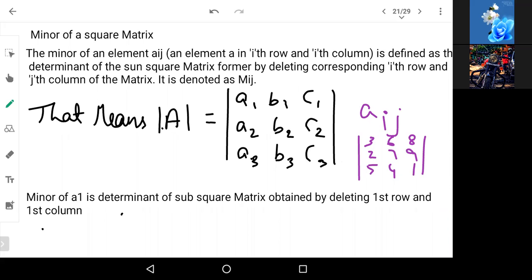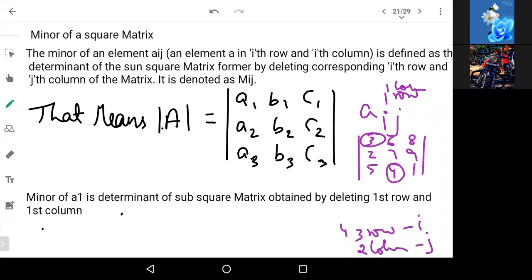Now, if I have to say the placement of 3, where is 3 situated? I will say 3 is situated in first row and first column. Correct? Now, if I want to say what is the placement of 4, 4 is situated in third row, second column. Correct? So, rows will become I and columns will become J.